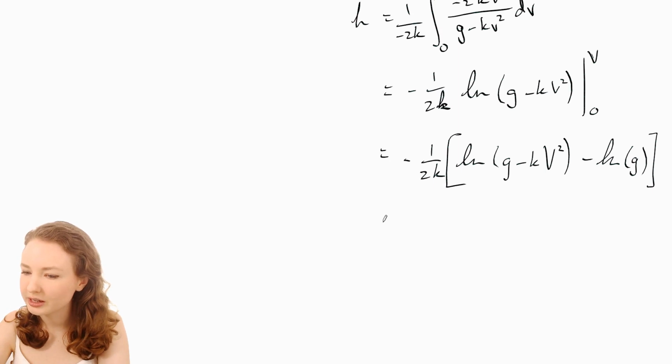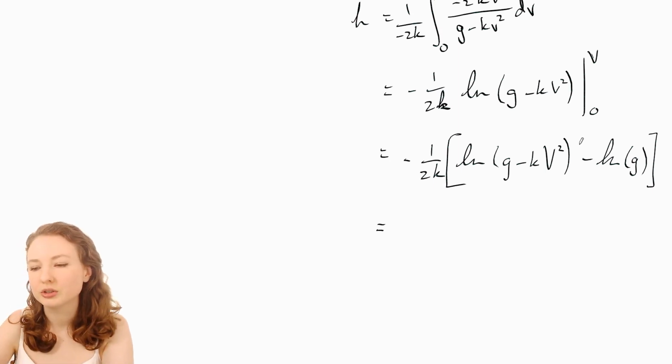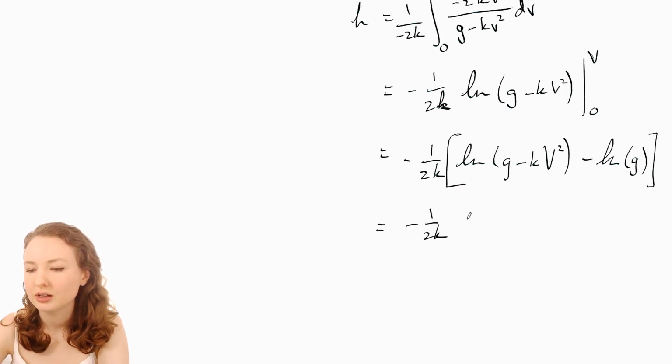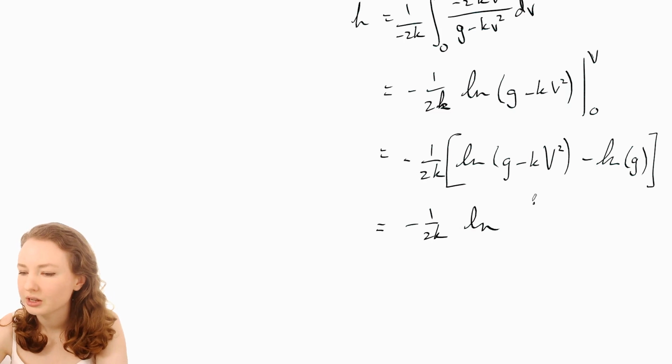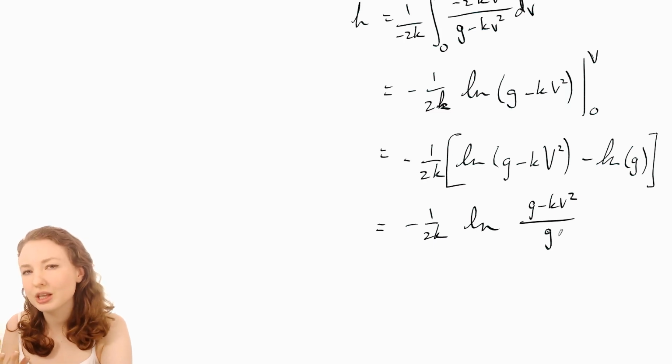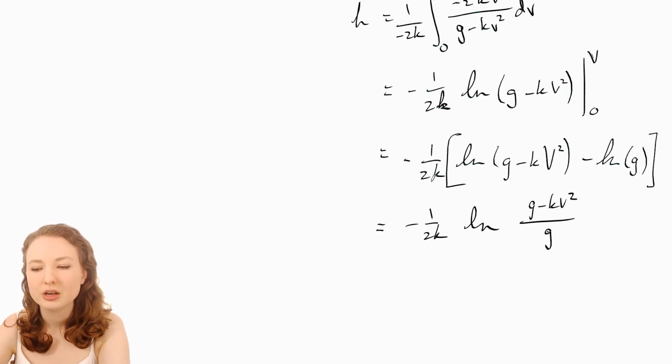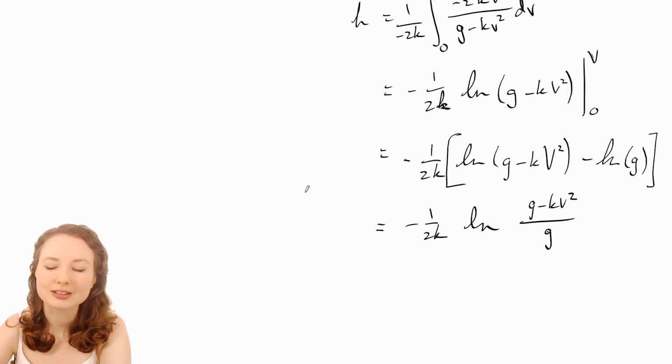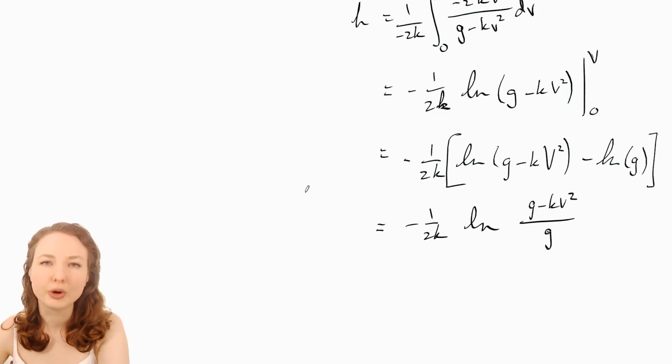Okay, so now we can just simplify this. Personally, what I would do is use the log laws to turn this into ln of g minus kv squared over g. If you're not comfortable with the log laws, what you could do is shift this over first and then do e to the both sides.